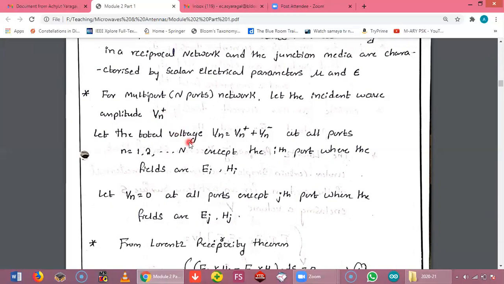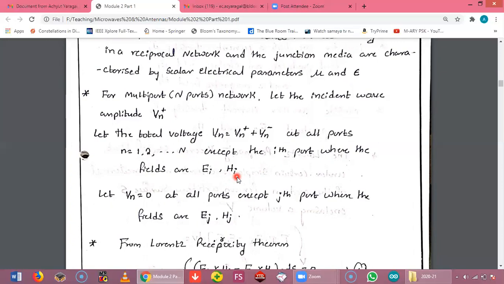Let us consider the total voltage Vn equal to Vn plus plus Vn minus, where plus is incident and minus is reflected, at all ports n equal to 1, 2 up to N, except one port, the ith port, where the fields are Ei and Hi, the electric and magnetic fields.